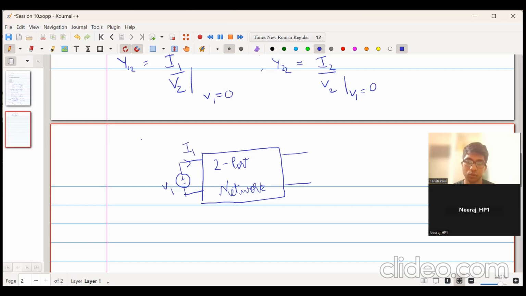And we will short V2. What does this mean? V2 equal to 0.